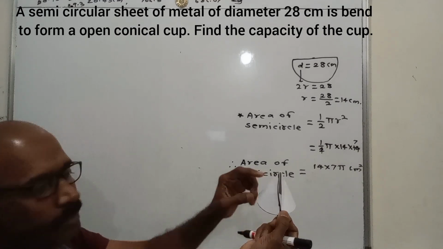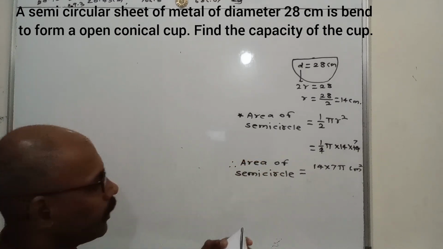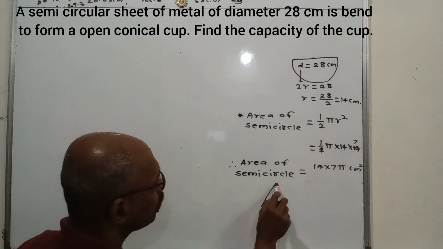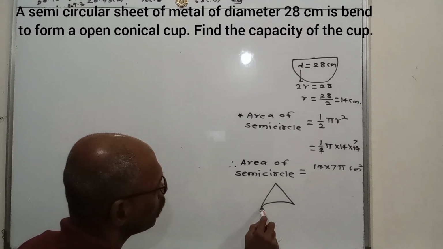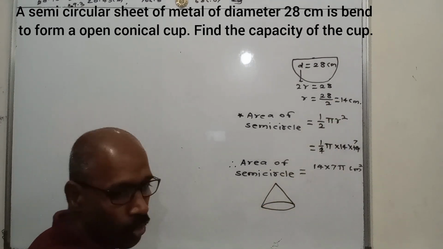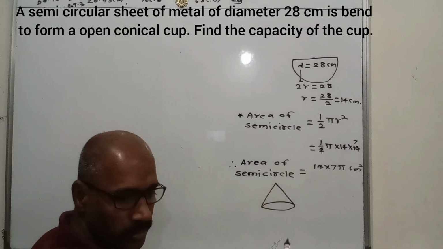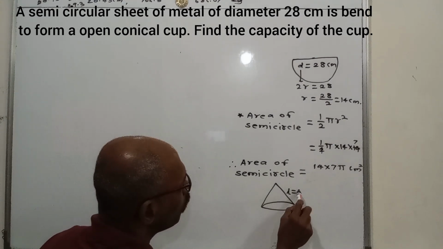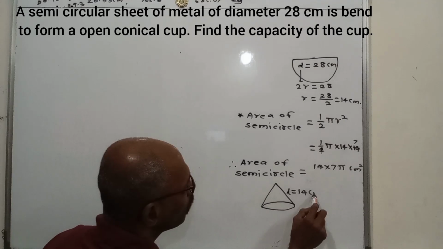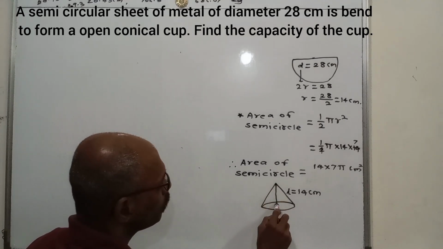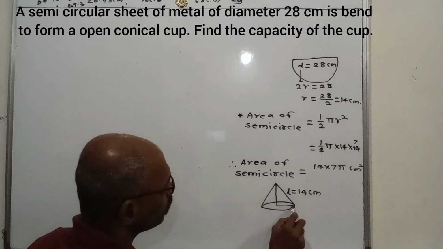Therefore, we draw here a figure of the conical cup. Then we draw the perpendicular height.